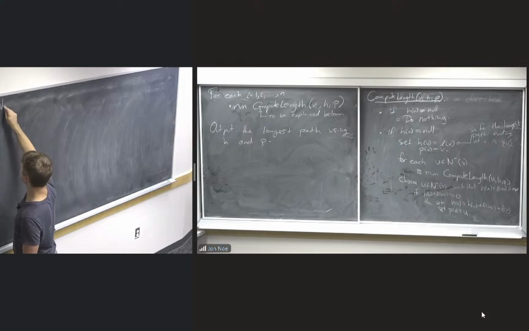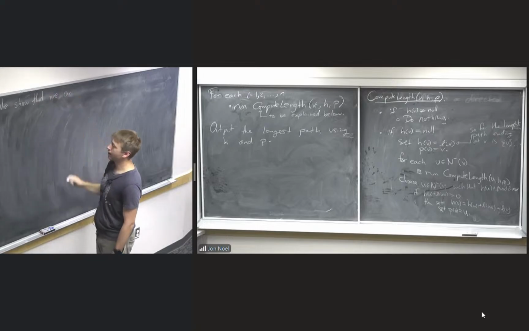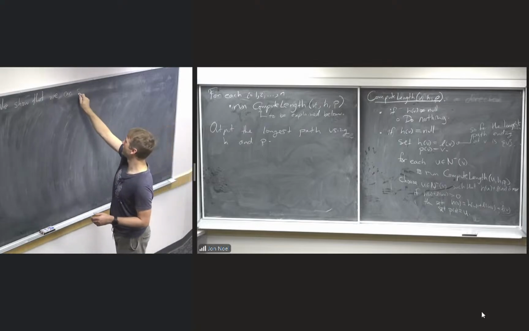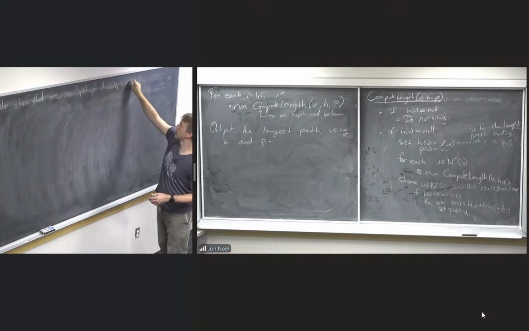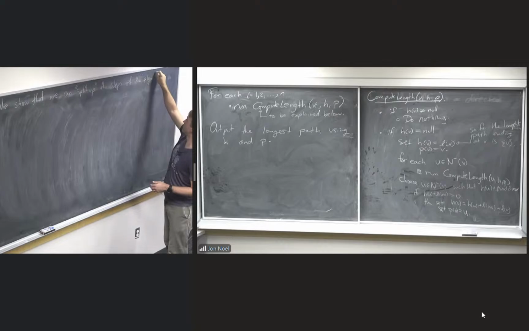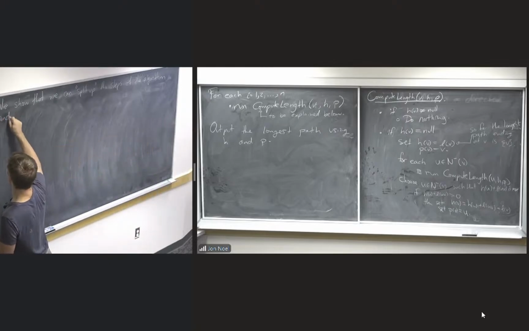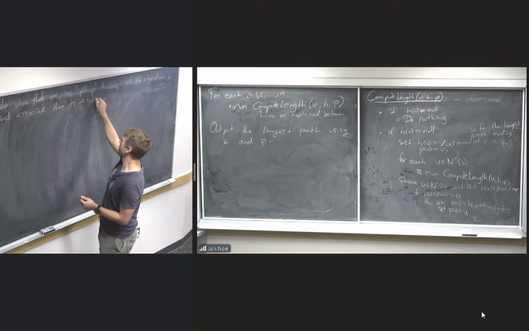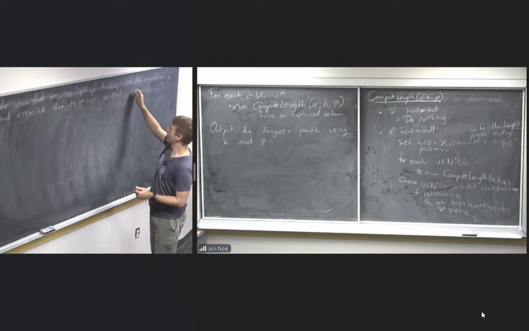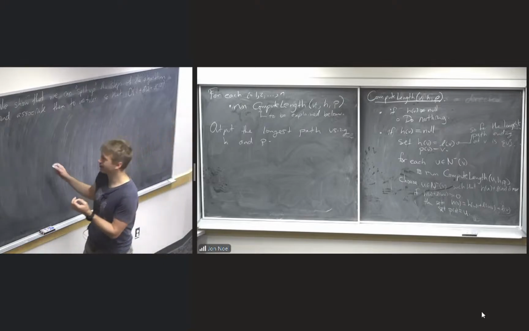So to analyze the running time, we show that we can split up the steps of the algorithm and associate them to vertices, so that big O of 1 plus out degree of V plus in degree of V steps are associated to V for each vertex V.